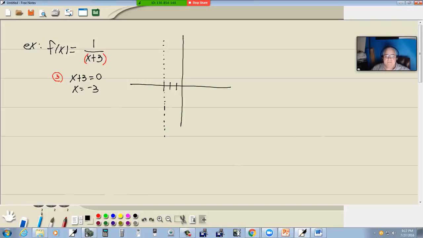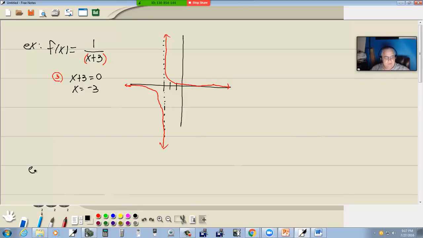If I were to sketch a graph, it's going to skim that forever, never touching it, never crossing it. Over here, it'll come up, skimming this, but never touching it, never crossing it. Again, that's the idea of an asymptote.